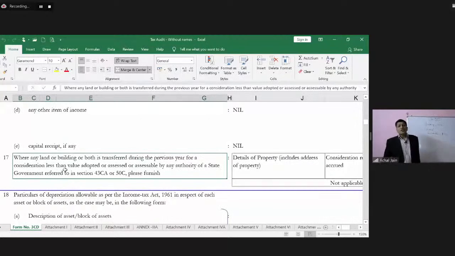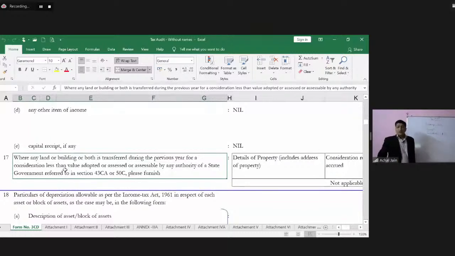Otherwise, tax auditor can also perform some external procedures. If there is any such sale, tax auditor can also obtain such valuations from external sources. Today there are certain websites, certain online portals from which this information is available.